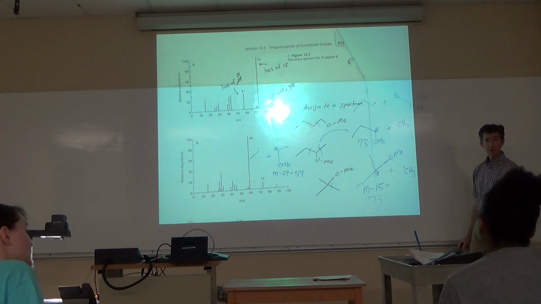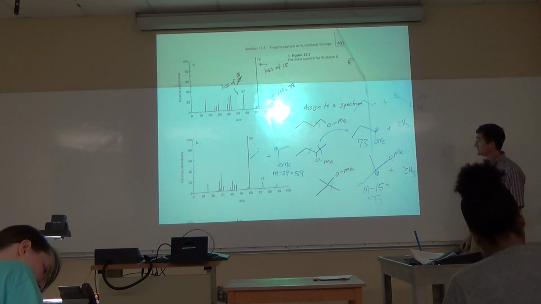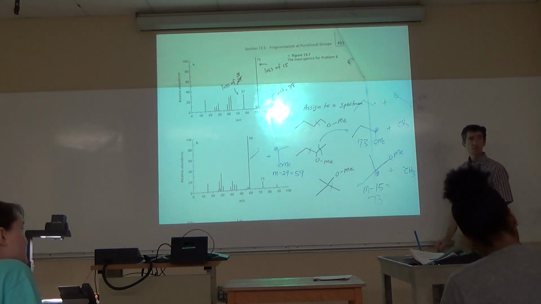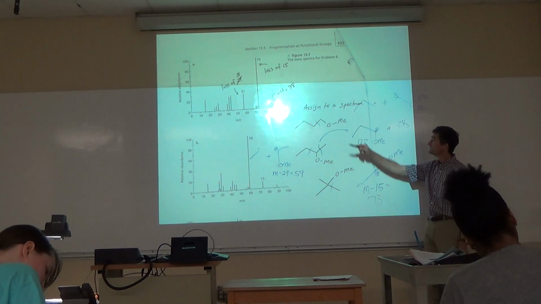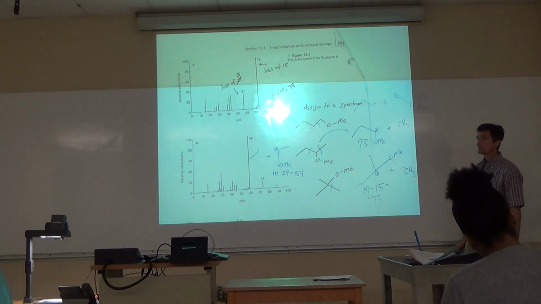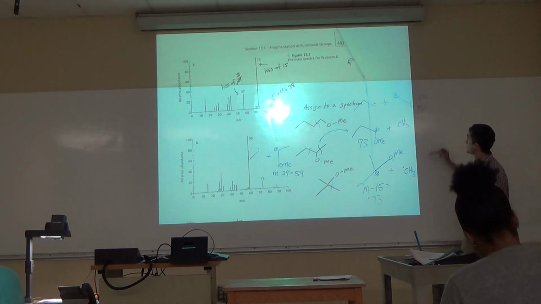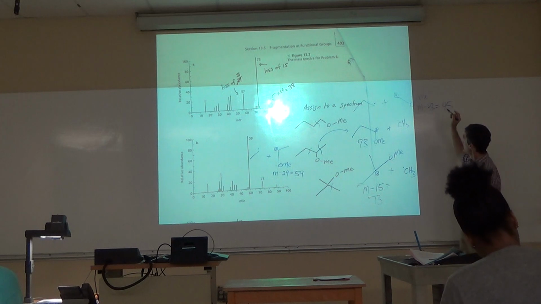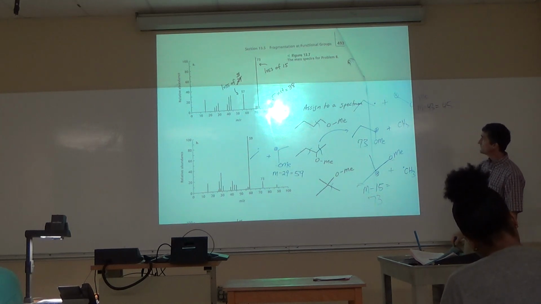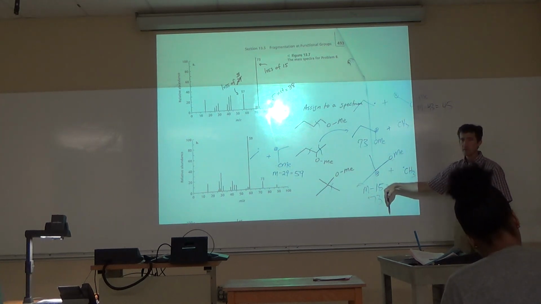I think it's 43, isn't it? 3 carbons is 36. How many H's on that? 7. M minus 43. What's 88 minus 43? 45? Up there we expect a 45 from alpha cleavage.